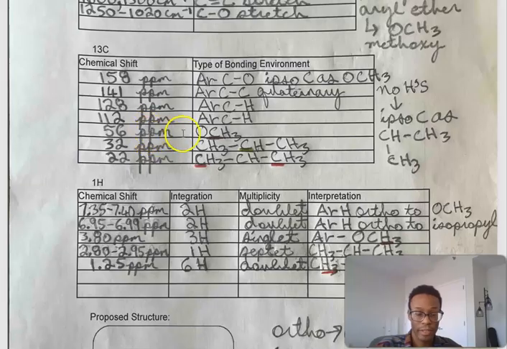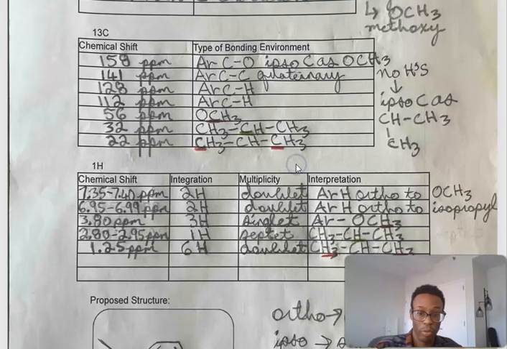We also have 56 ppm, which is representative of our methoxy group, 32 ppm, which is representative of the carbon bonded to our isopropyl, and 22 ppm, which is representative of the 2 methyl groups of the isopropyl.